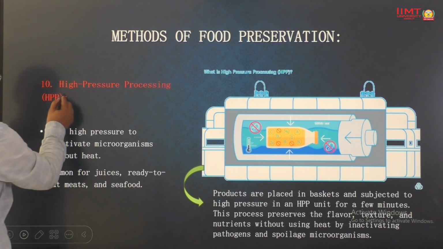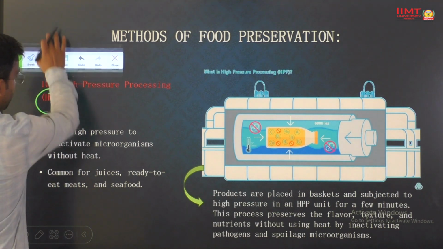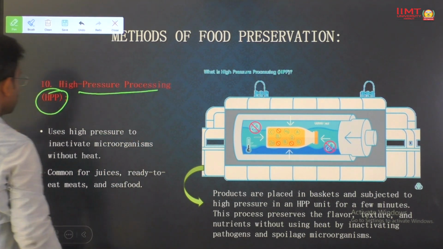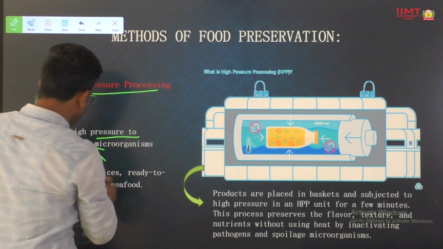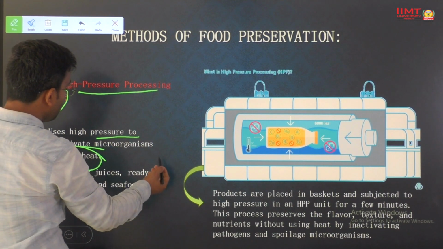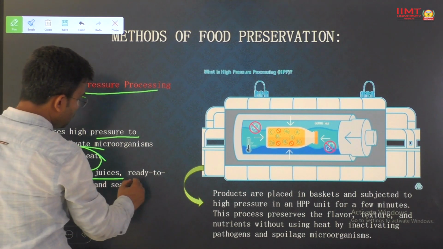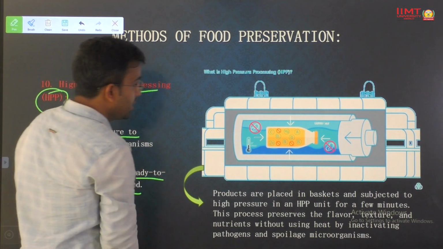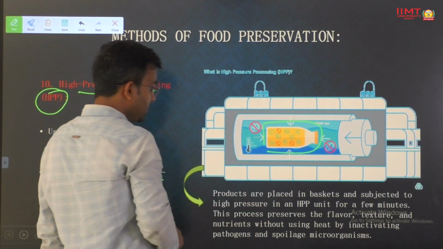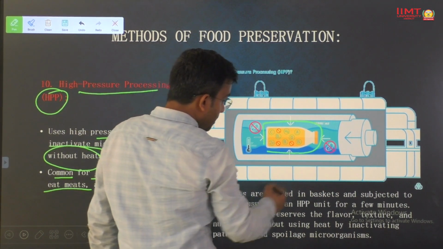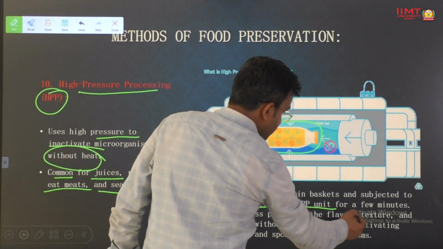Next is HPP, high pressure processing. High pressure processing means using high pressure to inactivate microbes without heat. It means without heat we remove the microbes. We understand how it works. It is common for juice, ready to eat meats and seafoods, in which we see the food items in a packed bottle, placed in a basket and subjected to high pressure in the HPP unit for a few minutes.